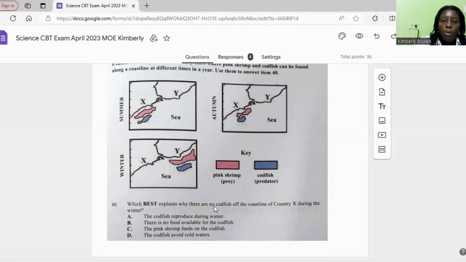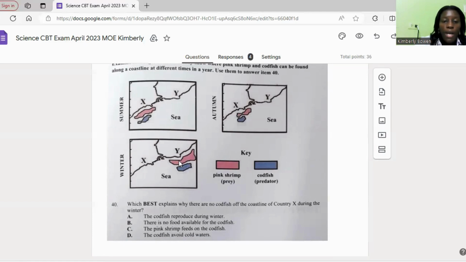So why are there no codfish off the coastline of Country X during the winter? Let's look at the answers. Codfish reproduce during the winter? No. There is no food available for the codfish because they've all migrated to Country Y.